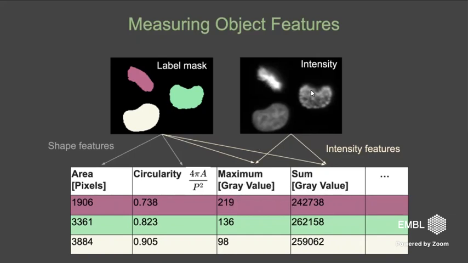What's very interesting here is, in fact, that the sum intensity is the same for all the three cells, which sort of makes sense because the DNA doesn't necessarily change so much in content, for example, during cell division as we have here, but more in the distribution. So you can see different intensity features that can tell you very different biological readouts. That's also very important to keep in mind.